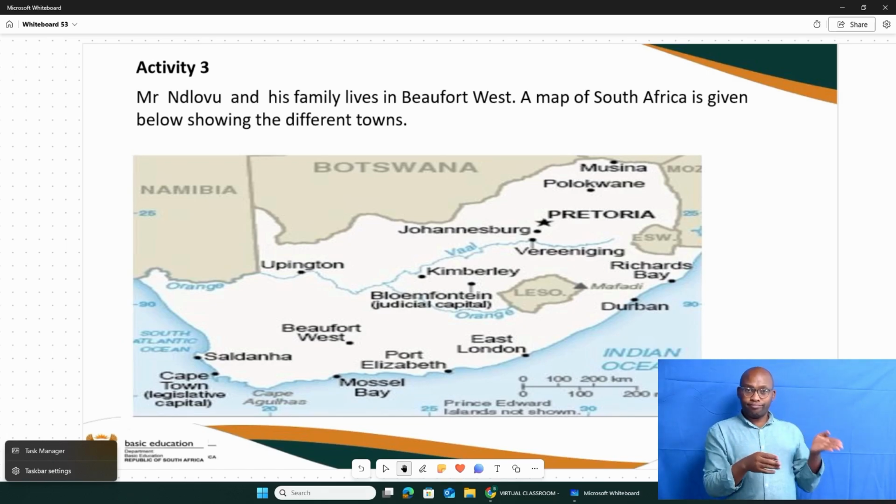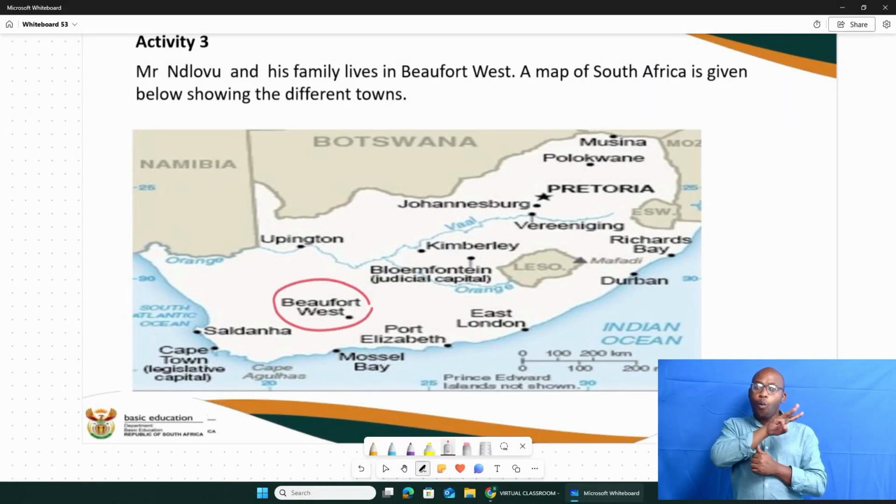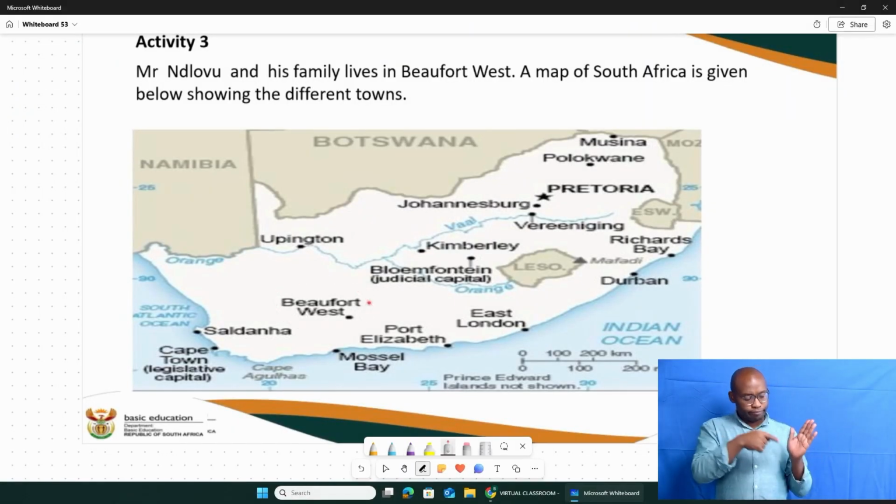A map of South Africa is given below, showing the different towns. So the different towns are being shown there on activity number 3.